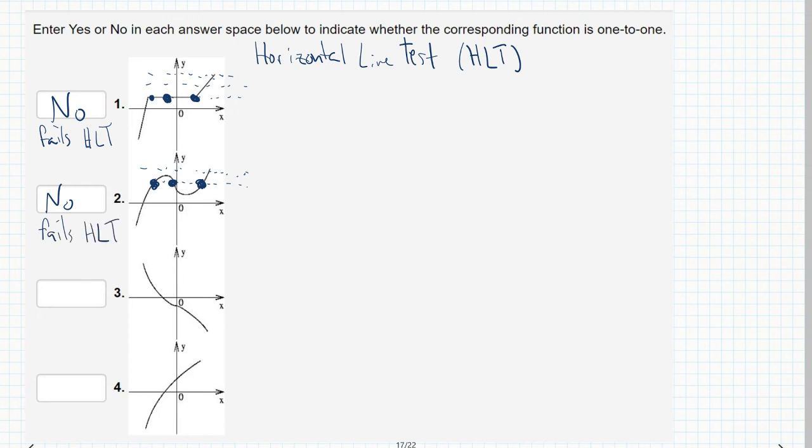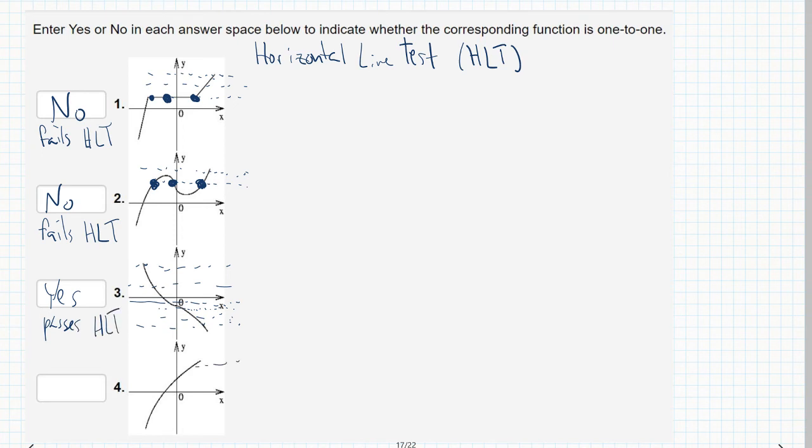Now looking at this next one, this is kind of neat. You might say maybe it hits twice right here, but it almost looks like it does, but it doesn't quite. It only hits this graph once. So this one is a yes, it passes the horizontal line test.